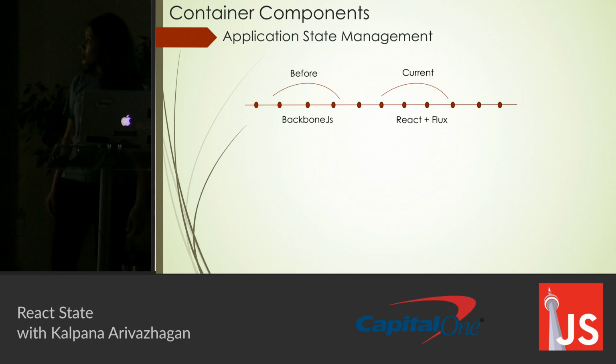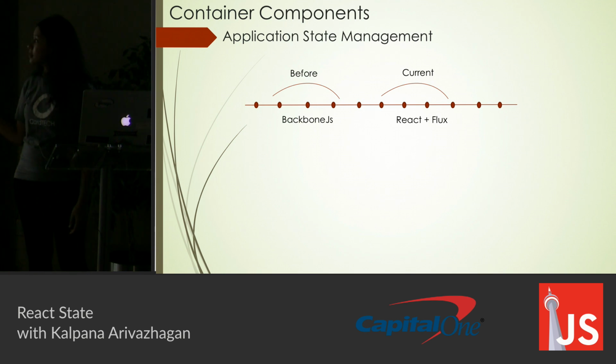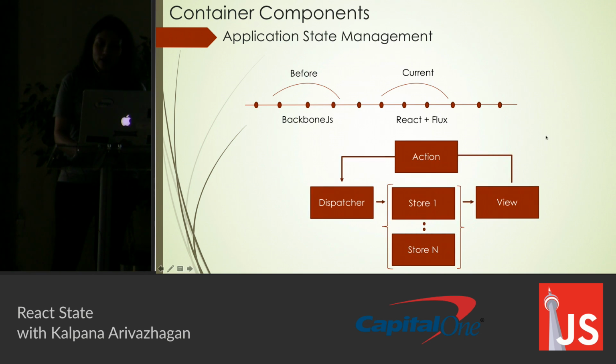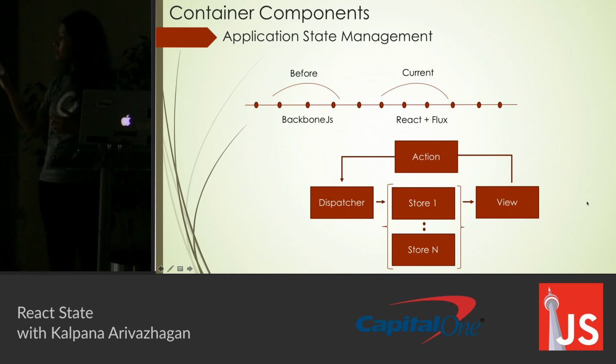When Facebook introduced React, they also came up with a pattern called Flux. And Flux was a new way of managing the application state for applications. We're going to take a closer look at the Flux architecture itself. You might be familiar with some of the entities here. Let me clarify what they mean in terms of Flux architecture.